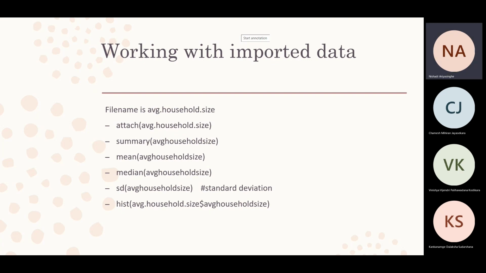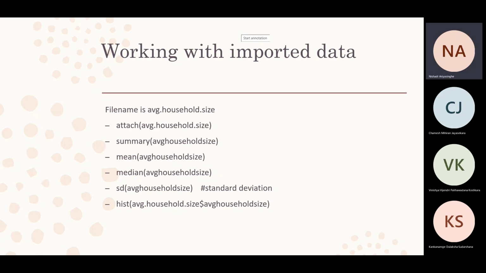So you can use the file name here, or maybe the variable name. If you have assigned the file to a variable, you can use the variable name also. So here the file name is actually avg.household.size. That is the file name. So instead of the name, you can use the matrix, right?